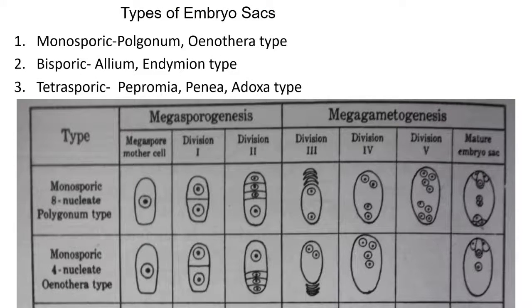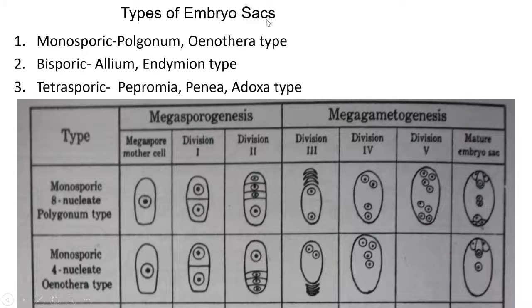Now let us see the types of embryo sac. On the basis of how many megaspores take part in the formation of the embryo sac, there are three types: monosporic, bisporic, and tetrasporic. The functional megaspore placed in the nucellar tissue develops into an embryo sac, also called the female gametophyte.